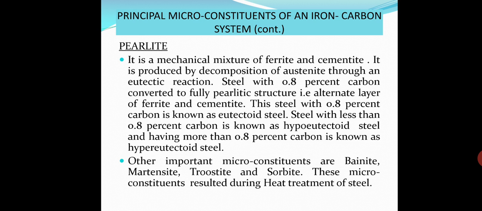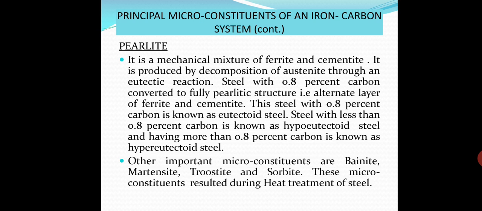Steel with 0.8% carbon converts to fully pearlitic structure. Fully pearlitic structure means alternate layers of ferrite and cementite. So this steel with 0.8% carbon is known as eutectoid steel.